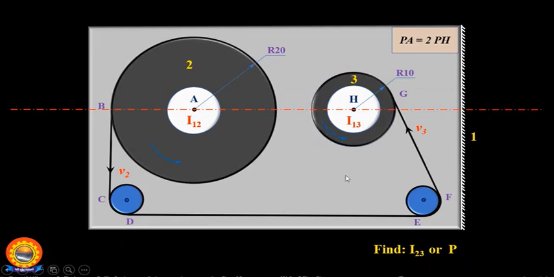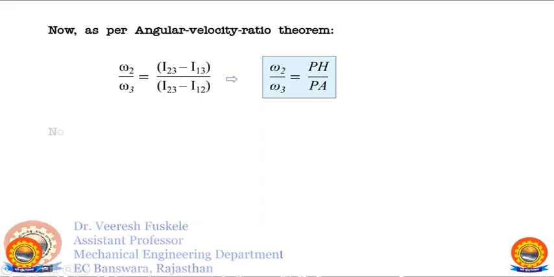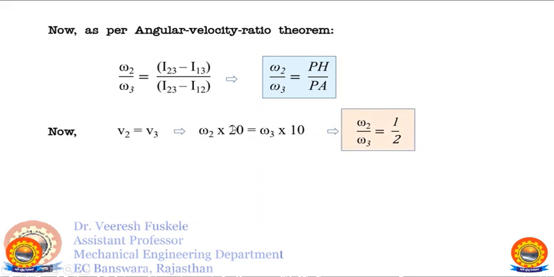Otherwise it will mix up inside the cassette. So let's see that V2 is equal to V3, and V2 can be written as omega 2 into the radius of the bigger spool, that is link number 2, and V3 is omega 3 into the radius of the smaller spool, that is link number 3. So from this we get omega 2 upon omega 3 is equal to 1 upon 2.